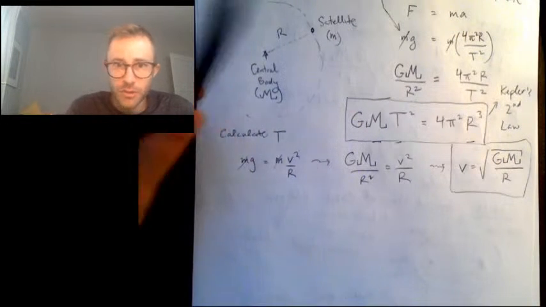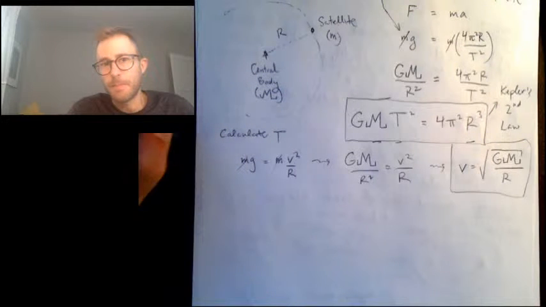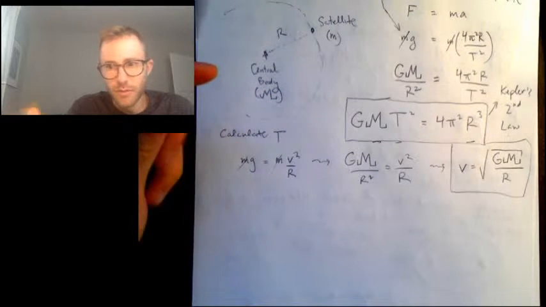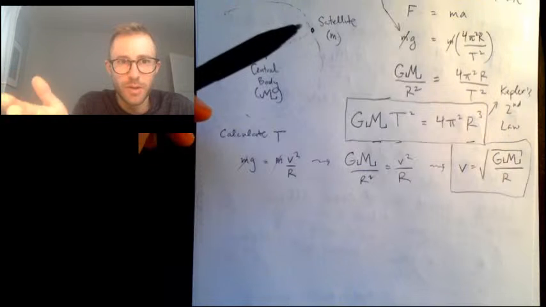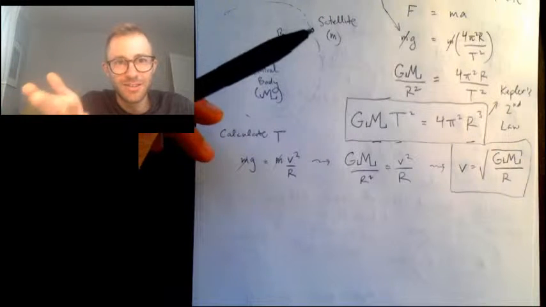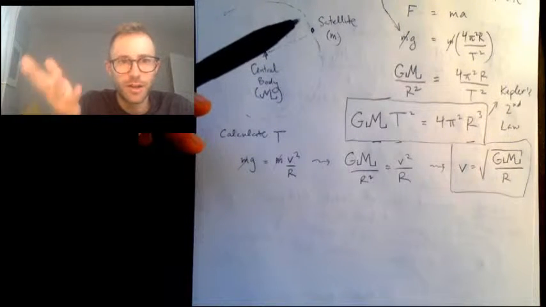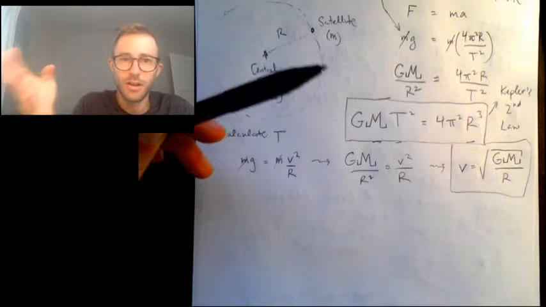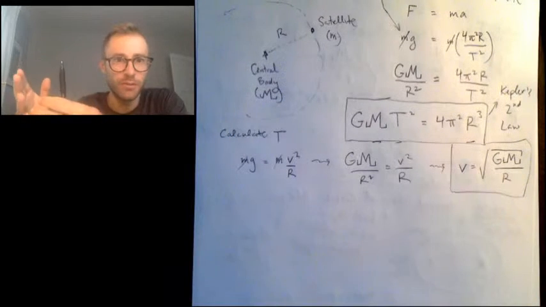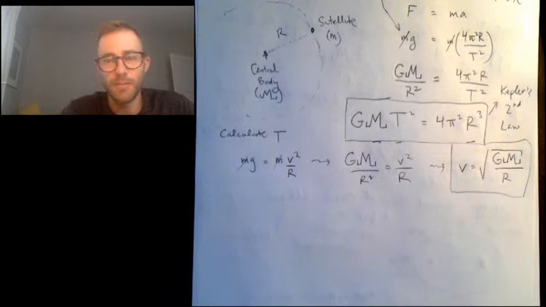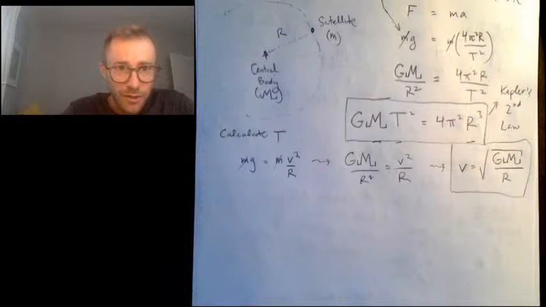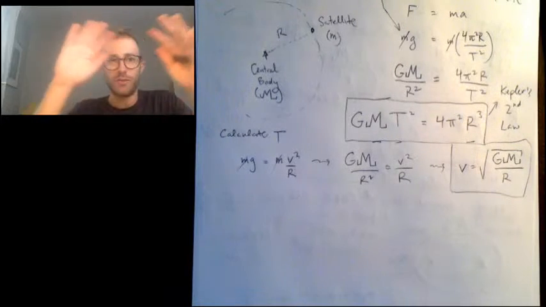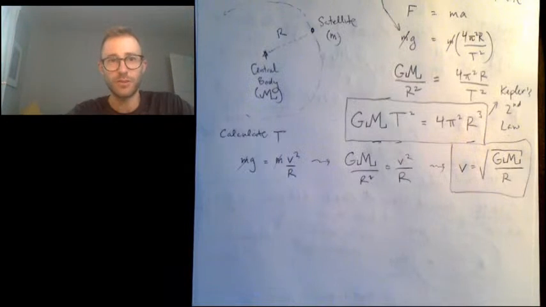Other things we could do is we could say, for example, this moon is made out of rock, and I can see the type of rock that it's made out of, and I know the density of that rock, and I can see the size of the object, so I could use density times volume equals mass. But that tends to be not as accurate because you can only see the surface, so you only know the type of rock on the surface.